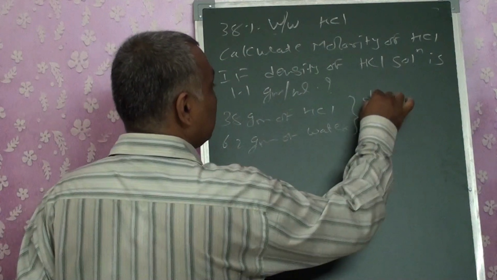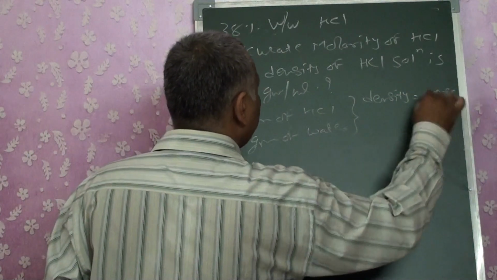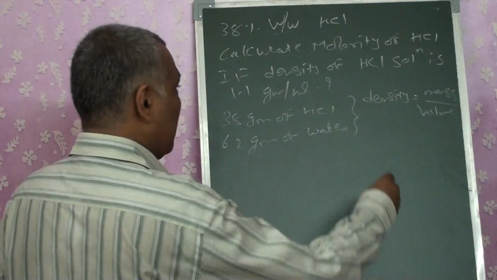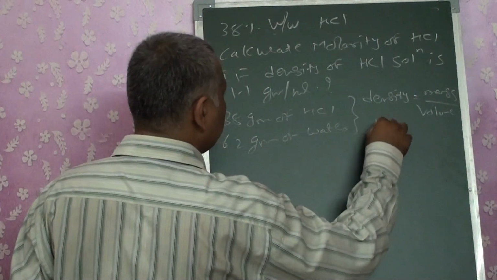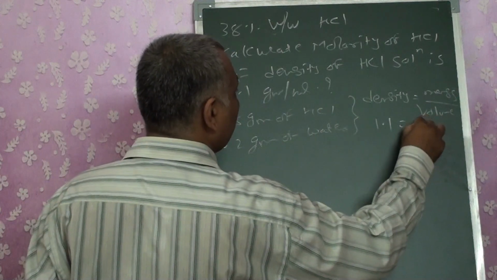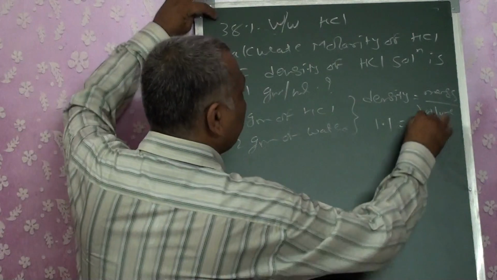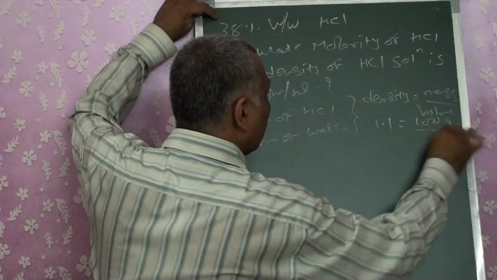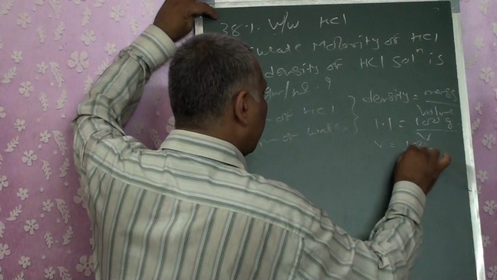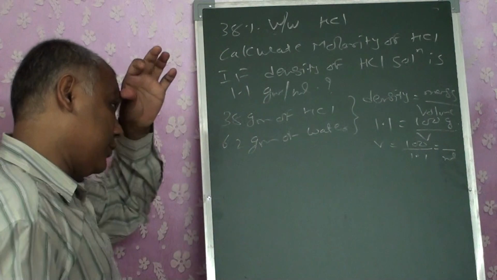We can have density equals mass by volume. Now density is given to me, mass is known to us, 100 gram of solution, and volume is unknown to me. So volume equals 100 by 1.1. We will get the volume of the solution.